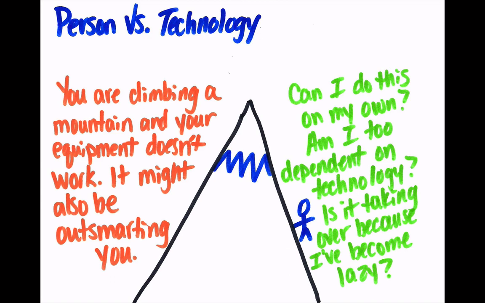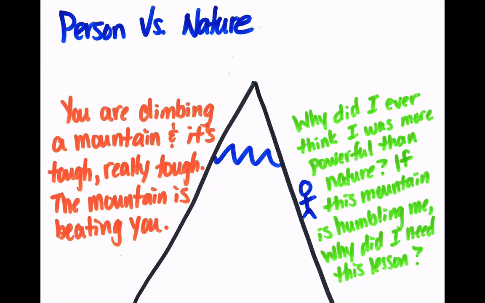When that happens, we start to ask questions about our relationship to that technology. So we wonder, could I actually do this on my own? Am I too dependent on that technology? Is it taking over because I've become lazy? And actually, even in those science fiction examples, a lot of times those are the questions that ultimately are showing up too.